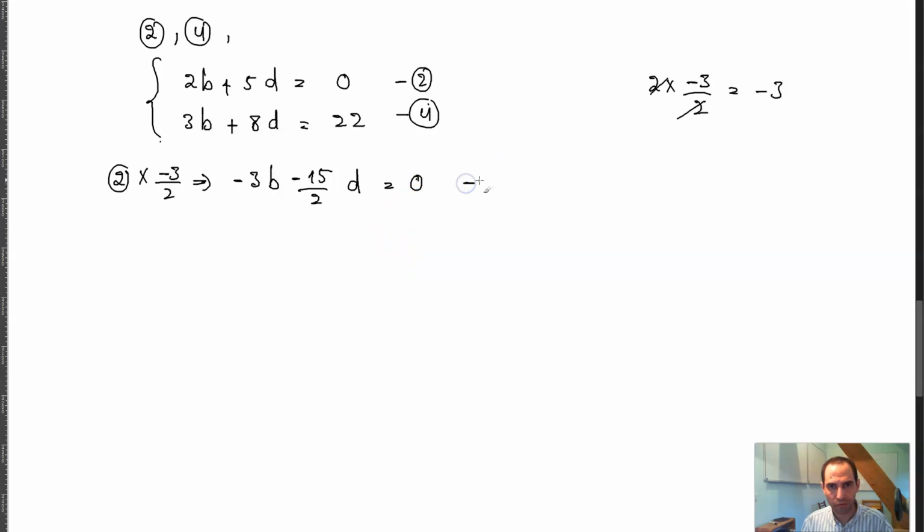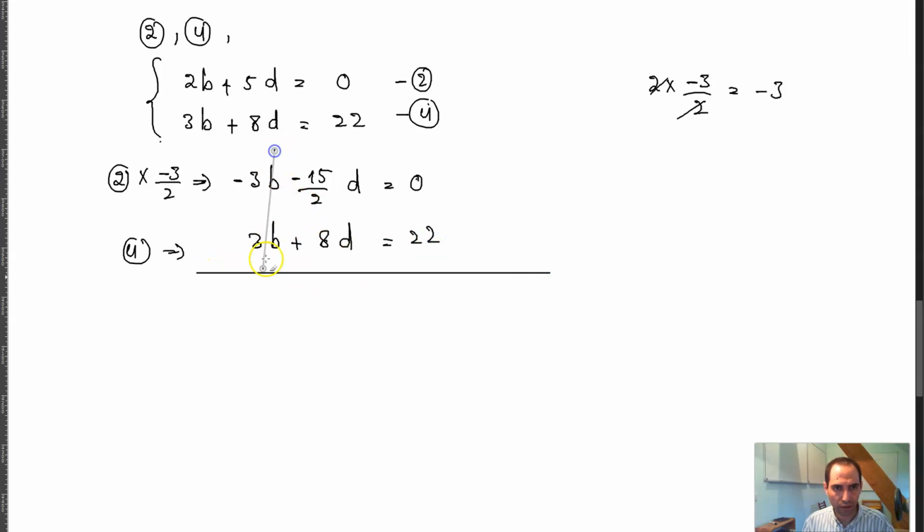Well, let's not write the numbers anymore because they have changed. And equation 4 gives basically 3b plus 8d is equal to 22. Now I will add these together. These two will cancel out. We'll have negative 15 halves plus 8 times d is equal to 22. 22 plus 0 is equal to 22.